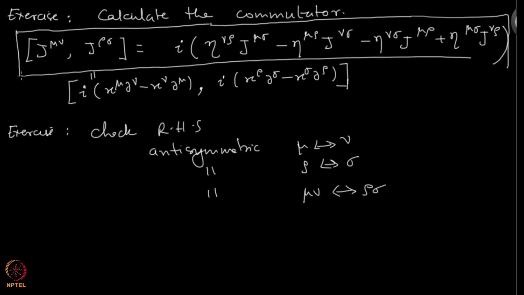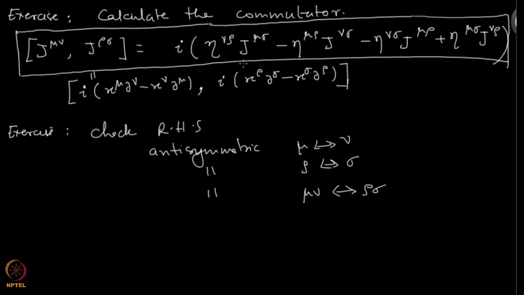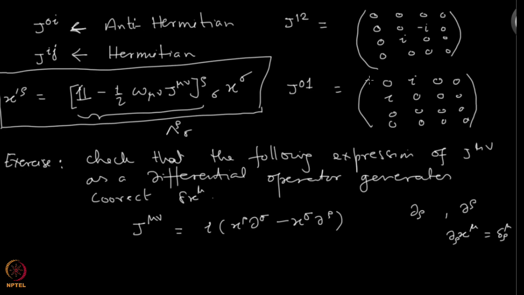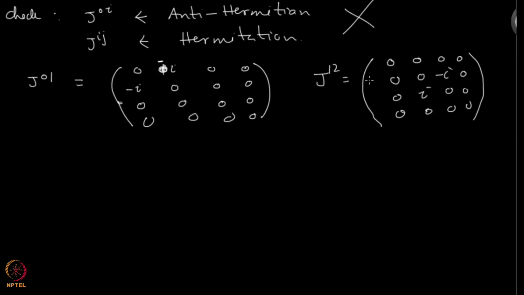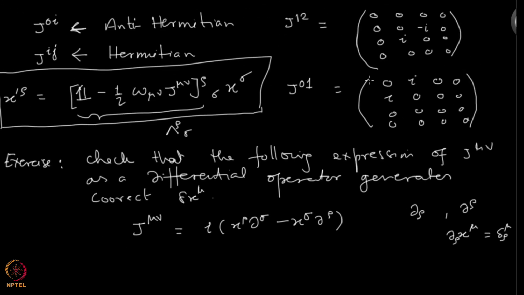So, please do this exercise. You should do it both ways. You can use this to show it, which is going to be very easy, and you can also show it using the explicit expressions of these matrices. Okay, both ways it will work.